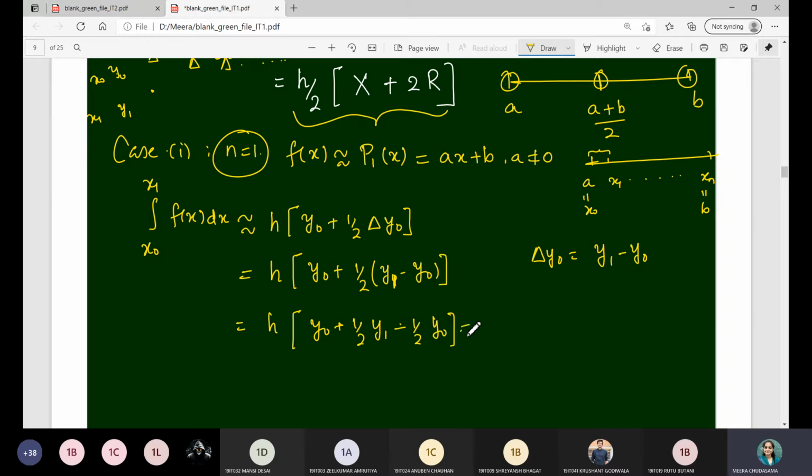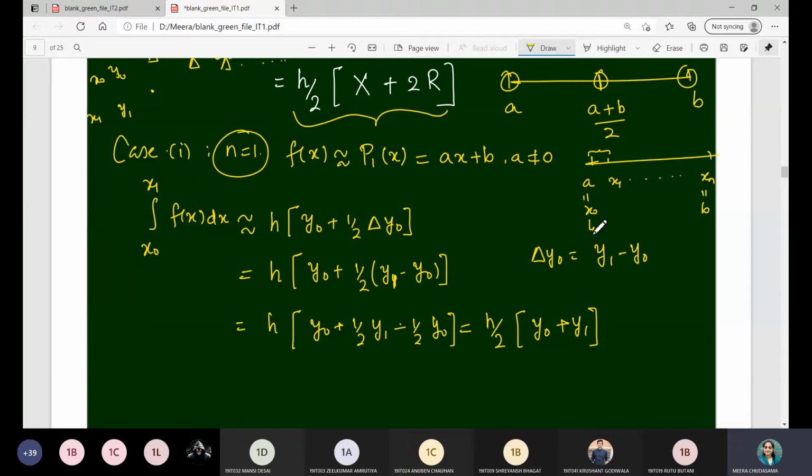By taking LCM 2, h by 2 I can consider common. This is y0 minus 1 by 2 y0, so y0 by 2, with 2 already taken common. So it is y0 plus 1 by 2 y1, with 1 by 2 taken common. So it is this one.